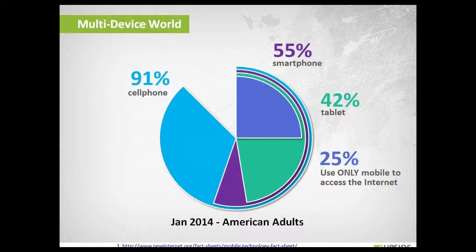Tablet is growing, and interestingly, 25% use only mobile to access the internet, and it'll be interesting to watch that number as well as all of these, but maybe that one in particular may continue to inch up, would be perhaps our thoughts. So interesting data there. Let's move forward.